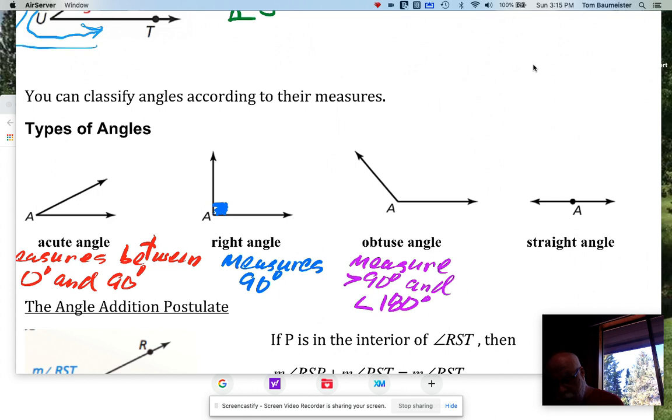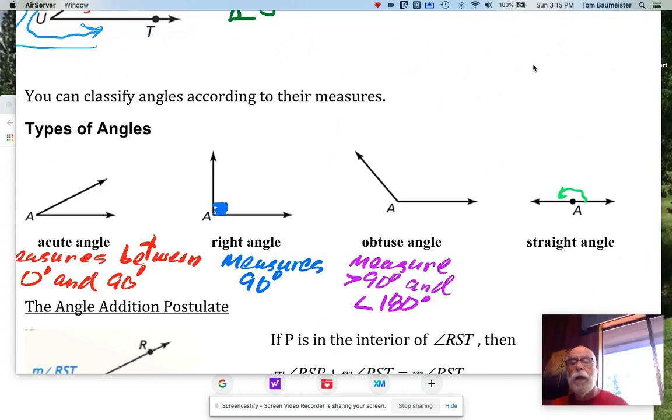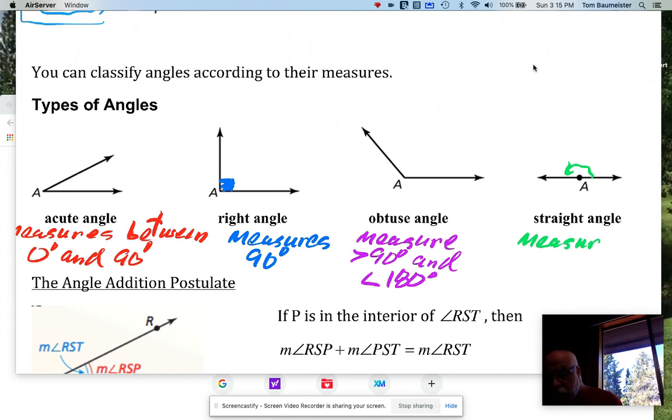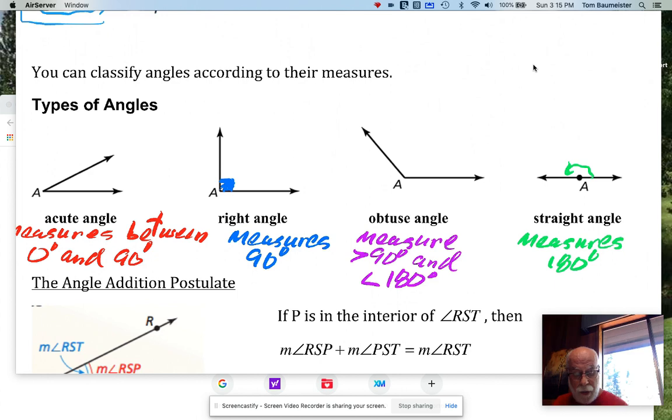So 180 degrees would be this one right here. It's a straight line, but we also call it a straight angle. So a straight angle measures 180 degrees. And those are the 4 types of angles that we can have.